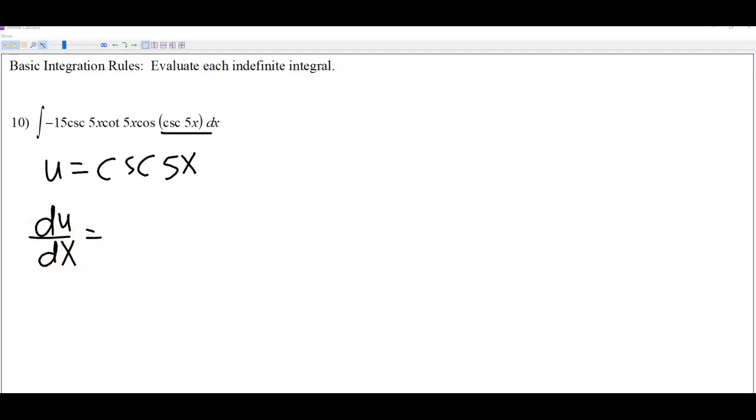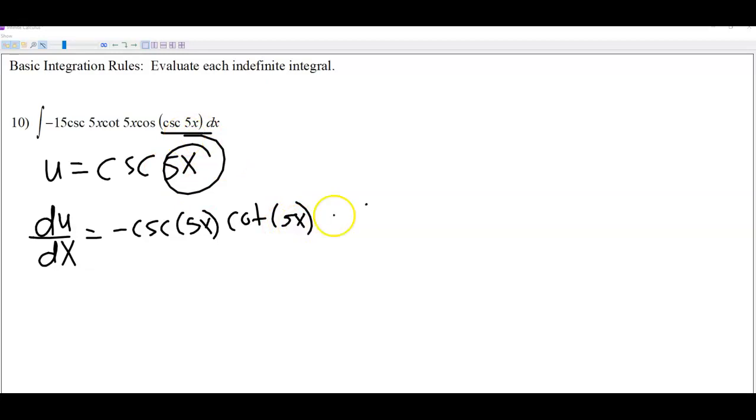First of all, the derivative of cosecant is negative cosecant cotangent, and you leave the inside alone. But we do need to multiply it by the derivative of the inside. The derivative of the inside is 5, so we need to multiply this by 5. Now just to save some space here, if I multiply this thing by 5, all that's going to end up doing is putting a negative 5 in the front.